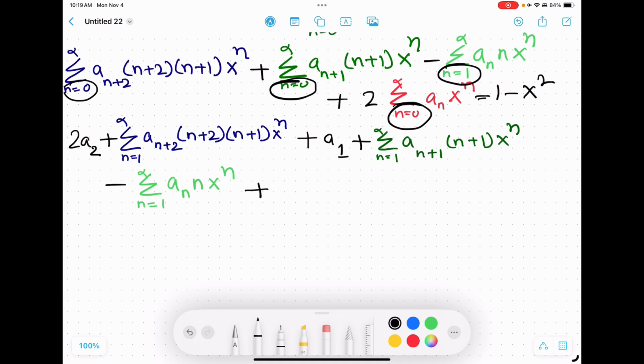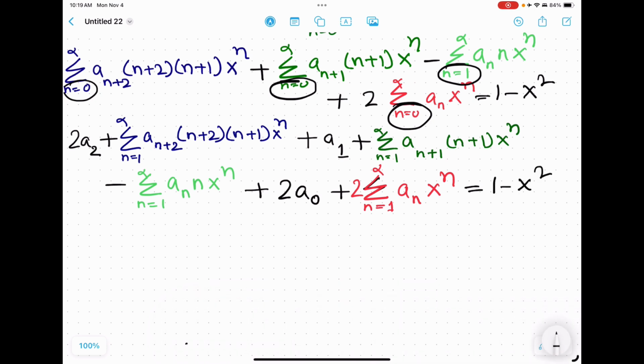So if I plug in 0, I have 2 times a sub 0 times x to the power 0, which is 2a sub 0. Just write 2a sub 0, and then my plus, and then writing my index. Okay, and now it's going to start from 1. Oh, cannot forget my 2. 2a sub n times x to the power n equals 1 minus x squared.